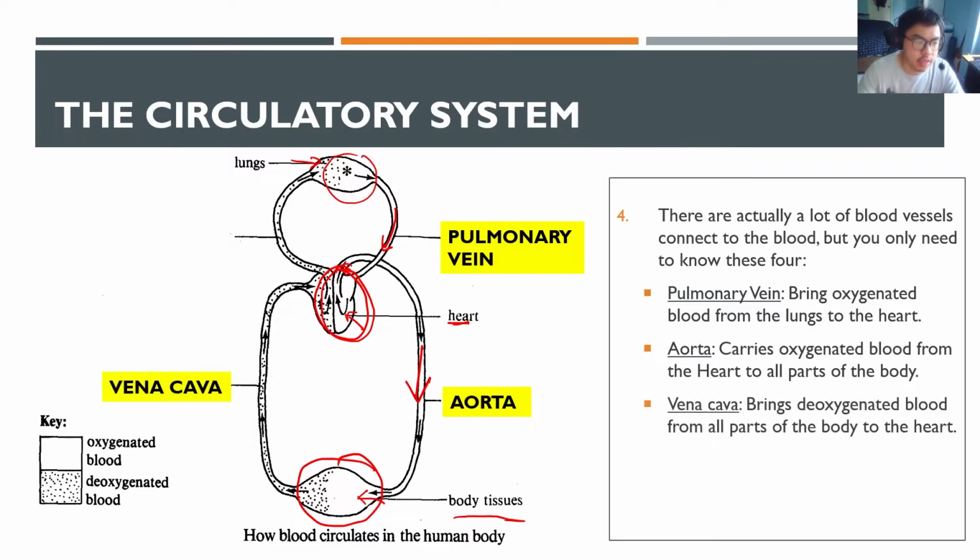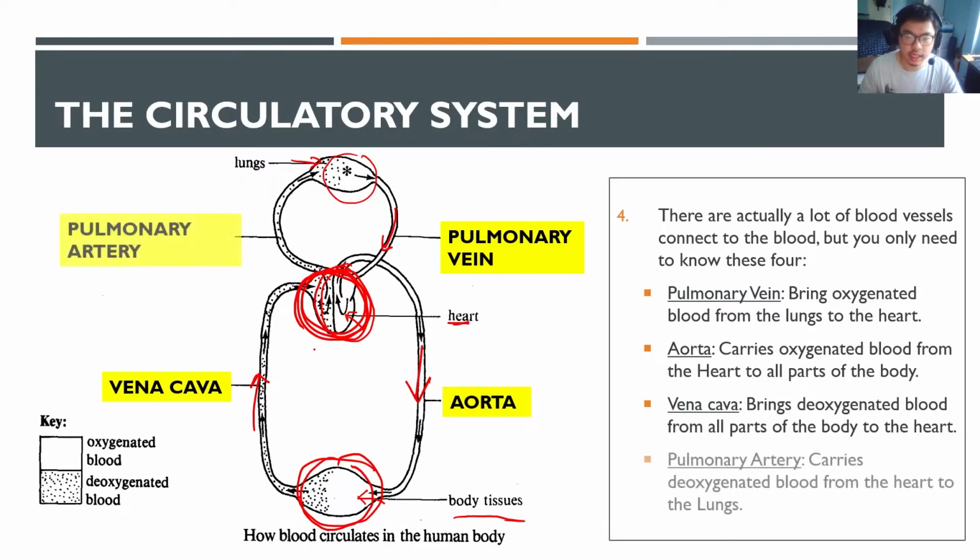Then you have the vena cava, which brings deoxygenated blood from here back to the heart. And lastly, the pulmonary artery carries deoxygenated blood from the heart back to the lungs.